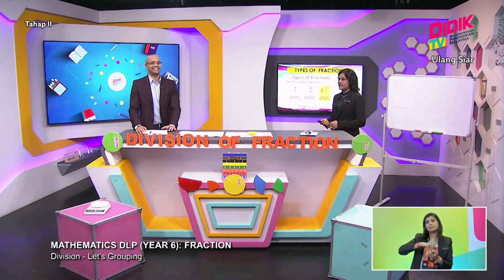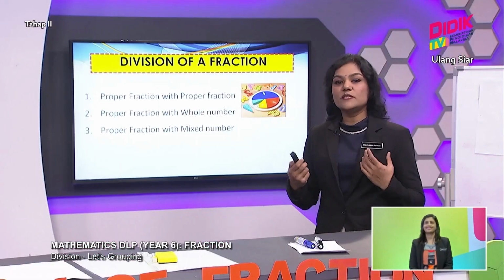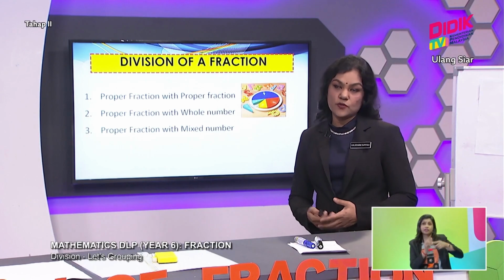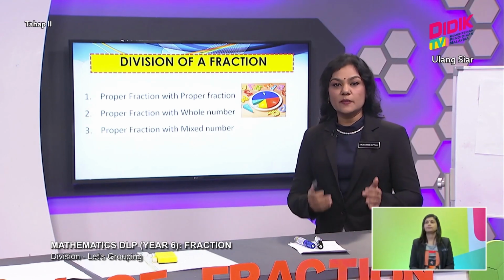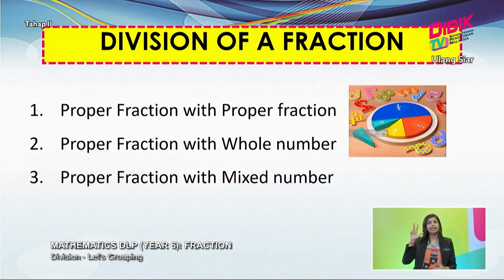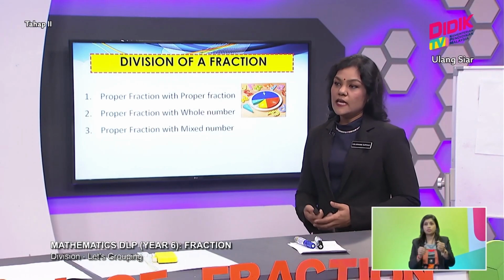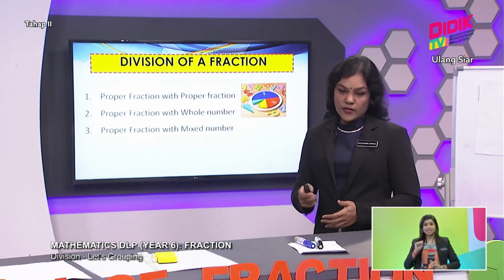Next, how to divide these fractions? Normally, there are 3 components in division of fractions. The first is proper fraction with proper fraction. We are going to divide proper fraction with proper fraction, proper fraction with whole number, and proper fraction with mixed number. These are the 3 major components you will find in division of fractions.